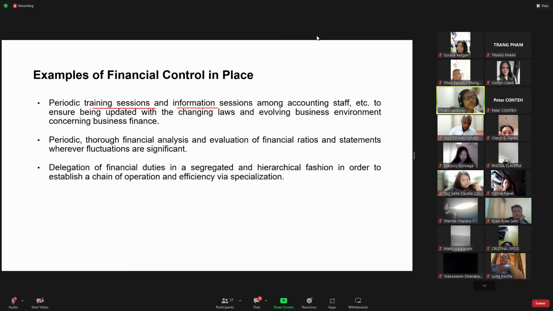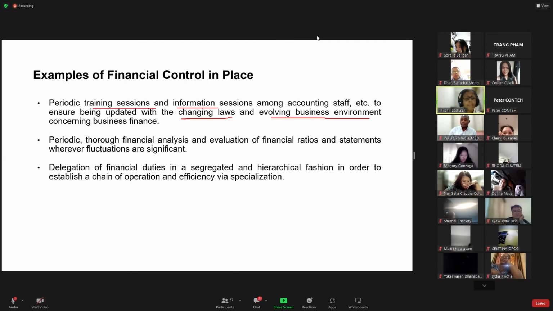Remember, I told you, you need to implement your plan and then relook at it and maybe do some adjustments. One thing you can include is good training sessions for the staff, so that they are regularly updated about laws that are changing, which involves the dynamic, changing business environment, especially when it comes to finances.